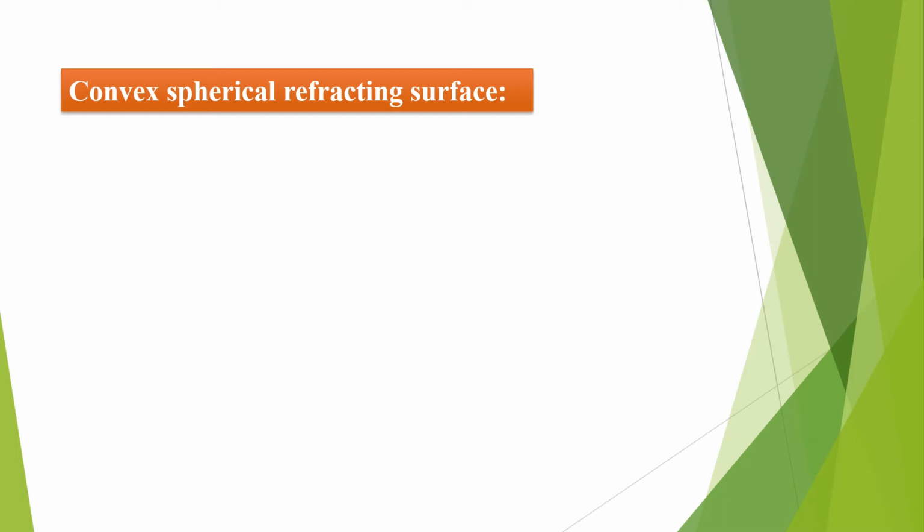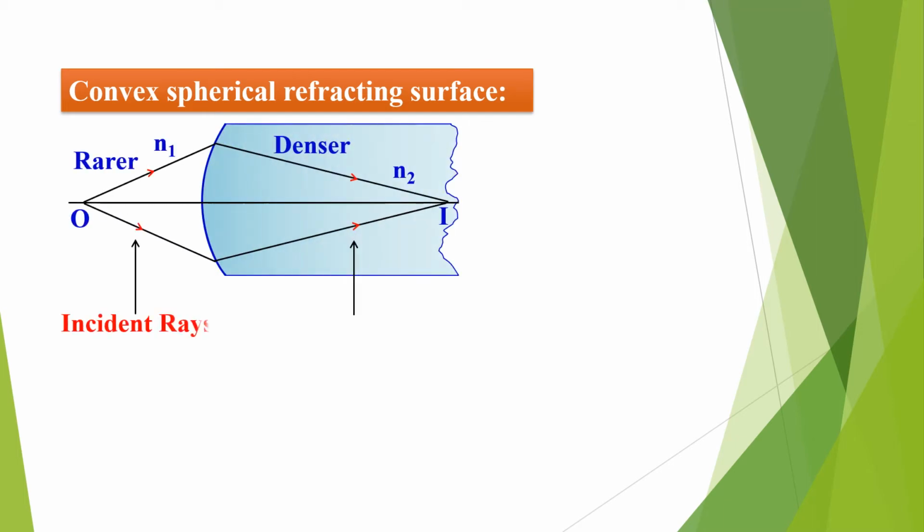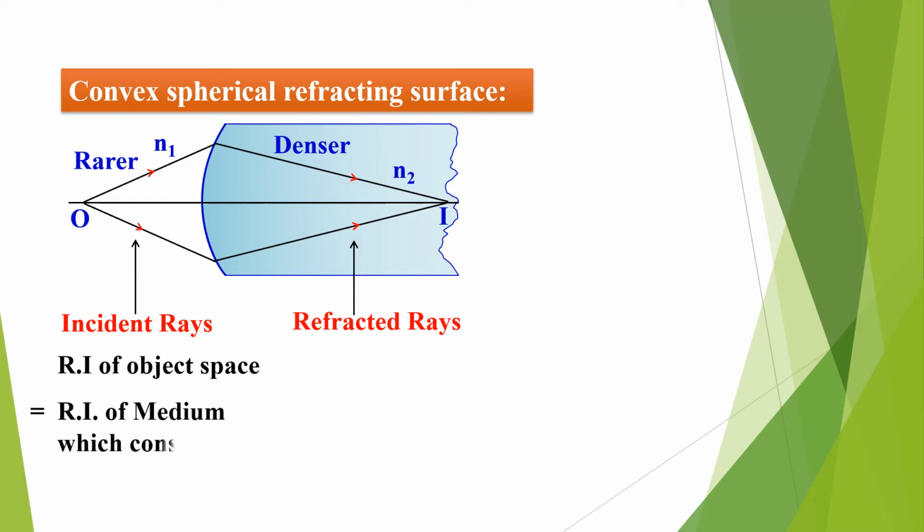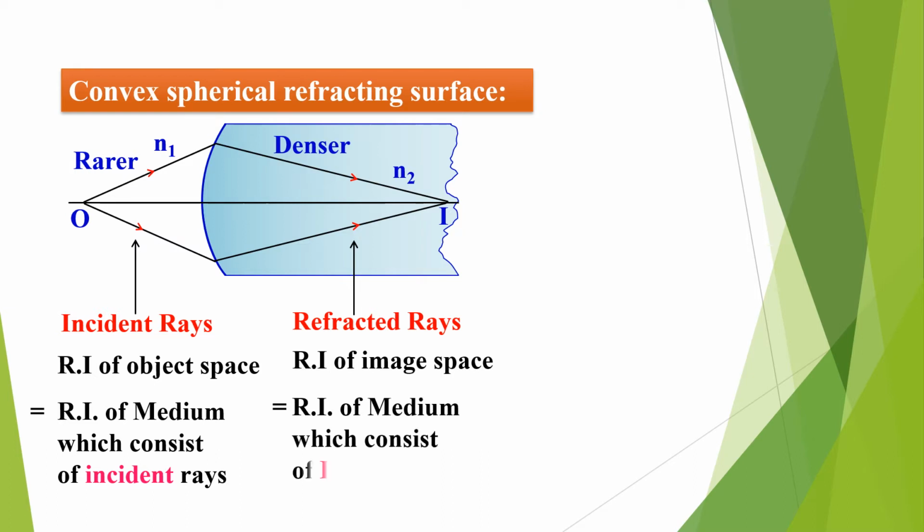Convex spherical refracting surface. See, this is the arrangement where the object is kept in a rarer medium and the image is formed in a denser medium. The light from the object moves towards the spherical refracting surface, that is the incident ray, and the refracted ray forms the image.